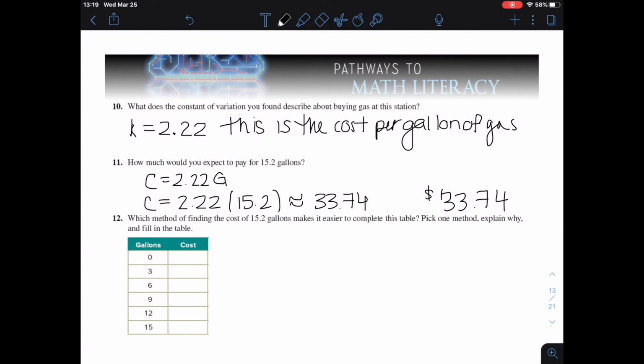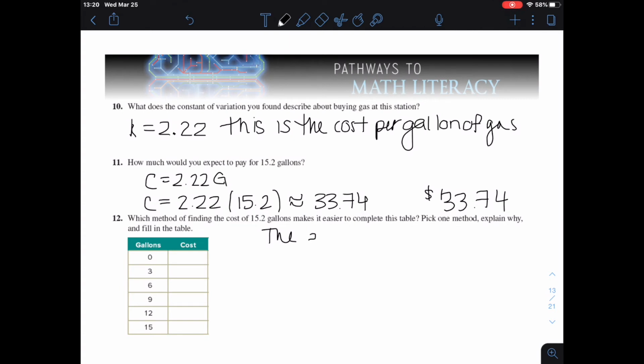But it's a lot easier to write this equation to talk about what's going on, because now for this next problem, when I want to figure out all these different prices, we could just plug it into this formula instead. So the equation allows us to plug things in easier.